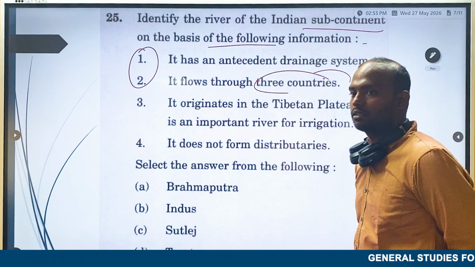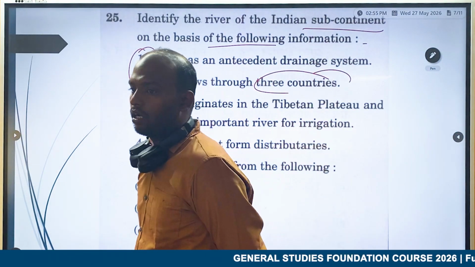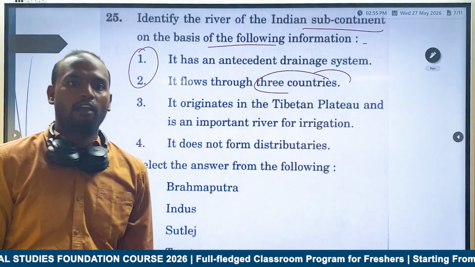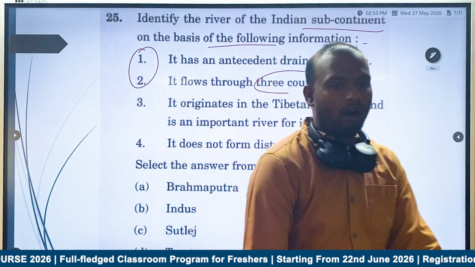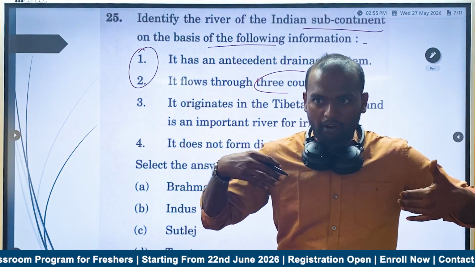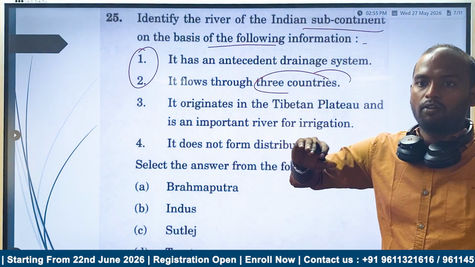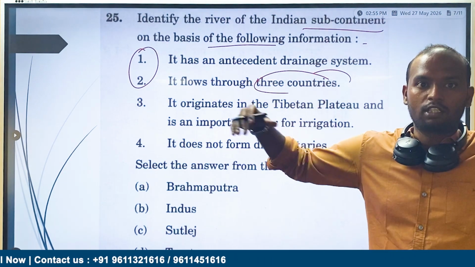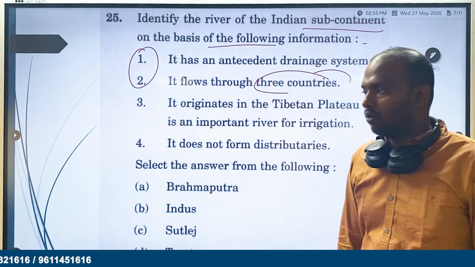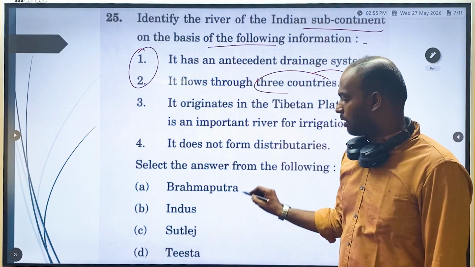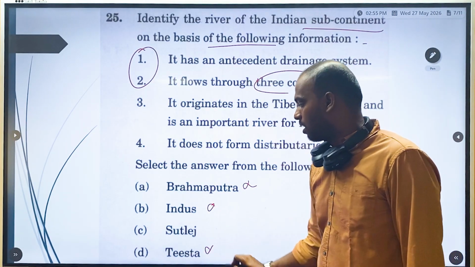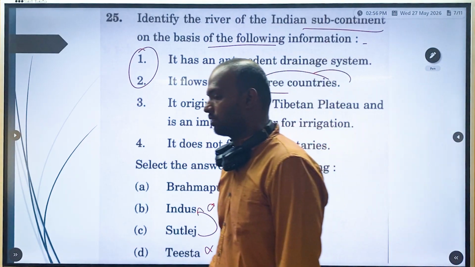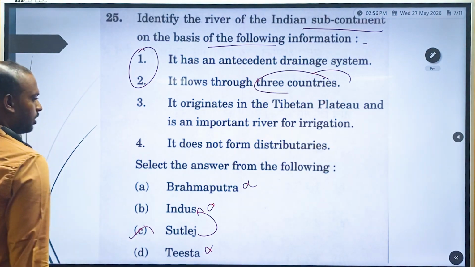One important thing: all the rivers that have a delta merging with the sea, all the rivers which face the sea and finally end their path at the sea, form distributaries. Brahmaputra forms one of the biggest distributaries in the world. So Brahmaputra, Indus, Teesta face the sea. Satluj merges with Indus, so it does not form distributaries.